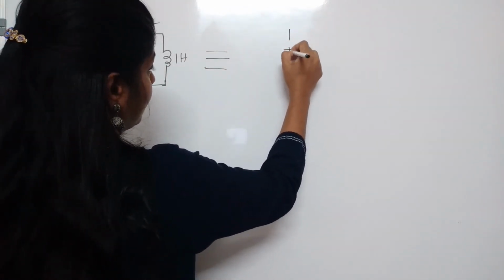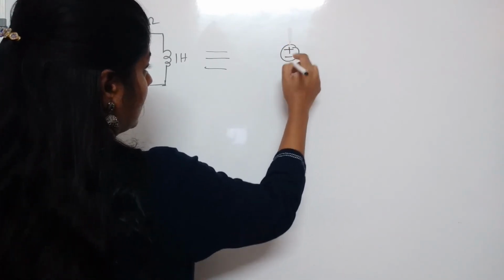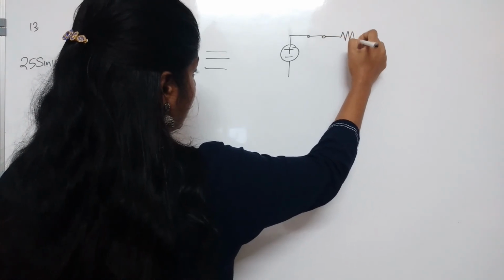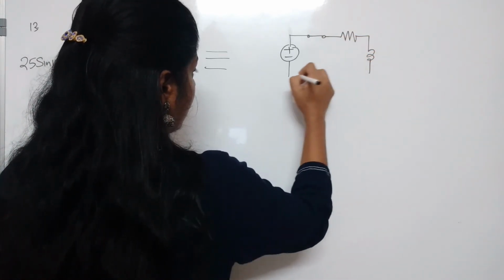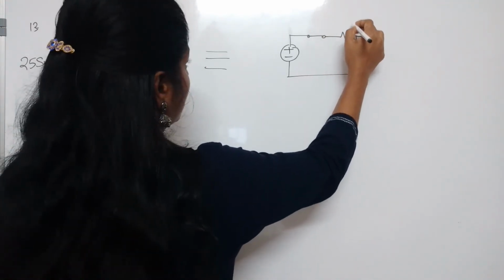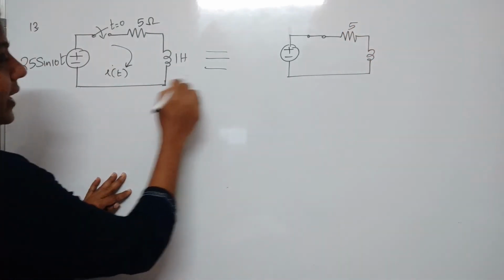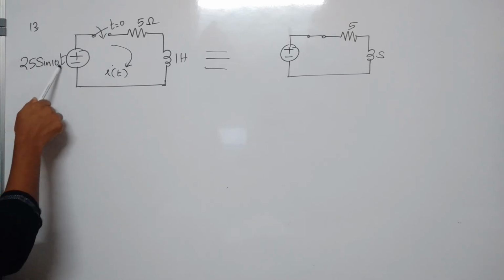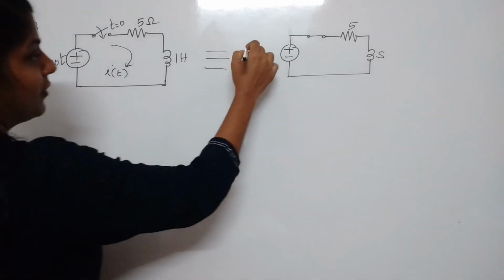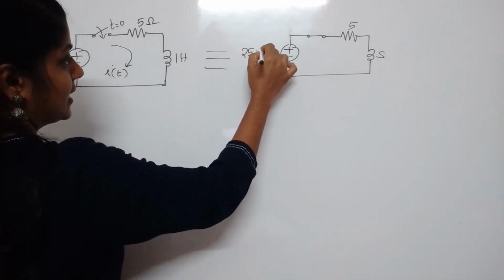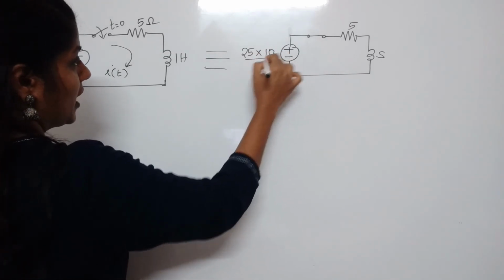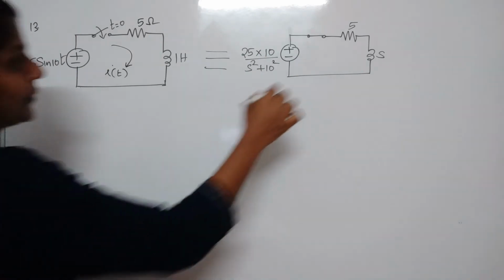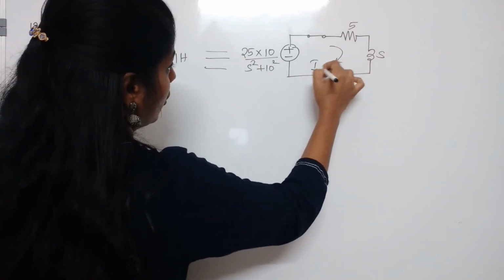So it will be, the switch is closed, R and L. R will be equal to 5. 1 Henry, we can write it as S. Input is 25 sin 10t. So 25 into sin 10t, Laplace is omega naught by S squared plus omega naught squared, resulting in a current I of S.